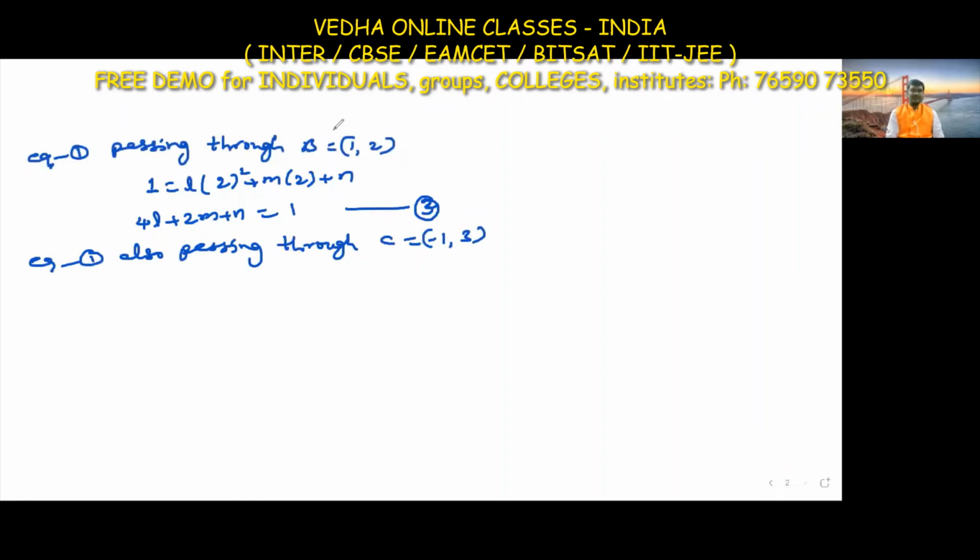If we substitute in the equation x is equal to Ly square plus my plus n, what do we get? x is equal to -1, so -1 is equal to L into 3 square plus m into 3 plus n. So that means 9L plus 3m plus n is equal to -1. This is equation number 4.